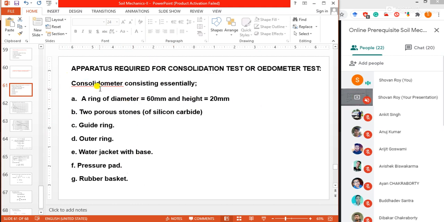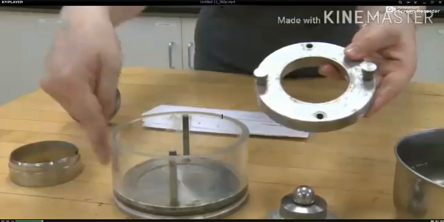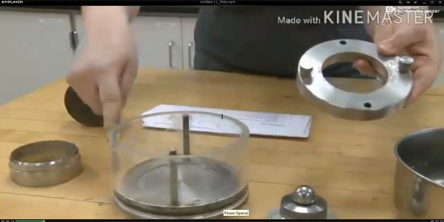The consolidometer essentially consists of a ring of 60 mm diameter and 20 mm height, two porous stones of silicon carbide, guide ring, outer ring, water jacket with base, pressure pad, and rubber basket. You can also see these in the test video.